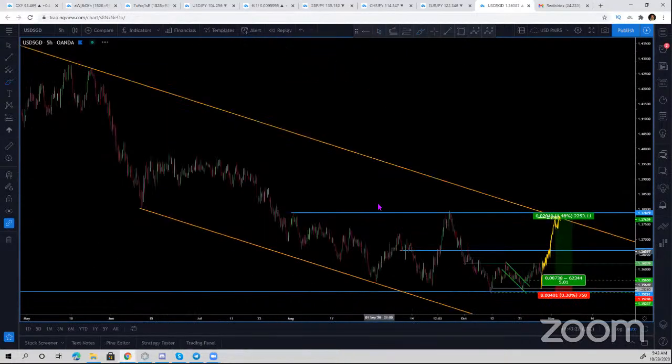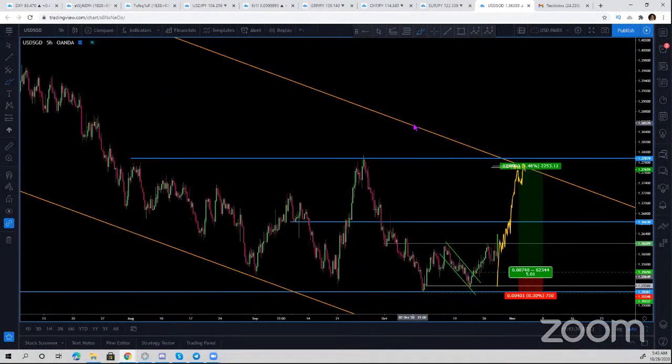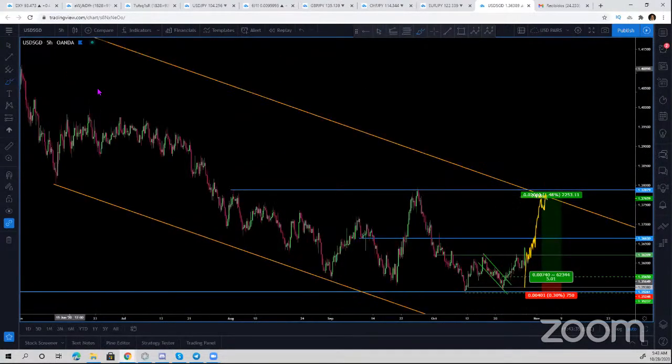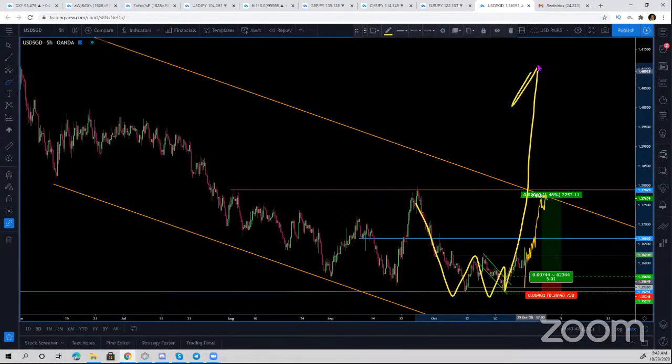On Sunday, someone was talking about how this level was super low, and that we could have some intervention to push up the exchange rate between the US dollar and the Singapore dollar.